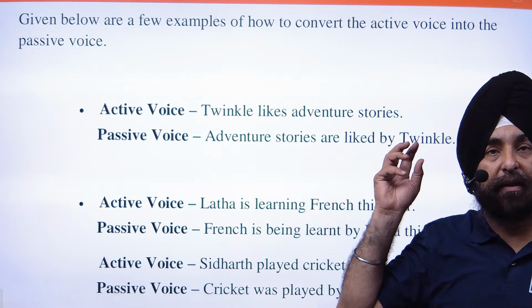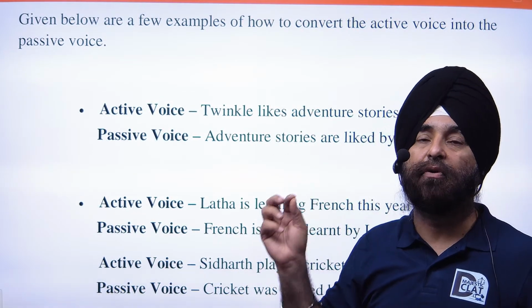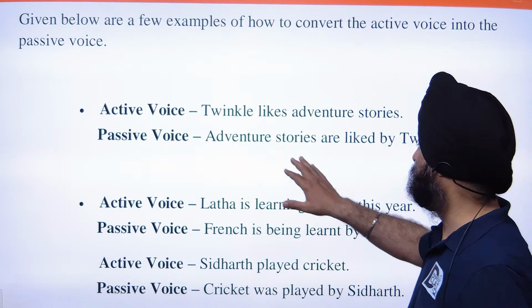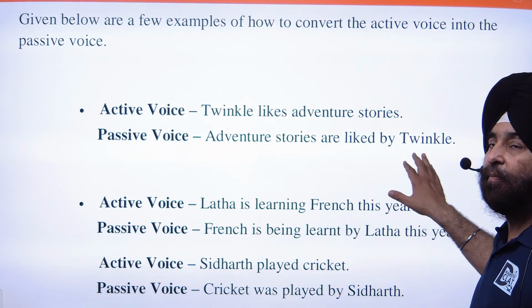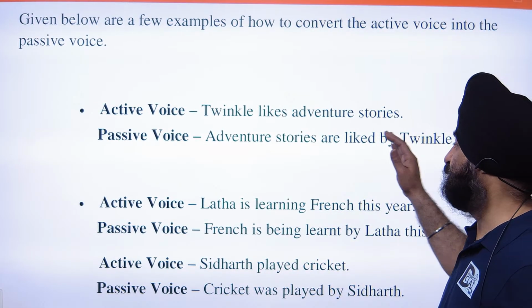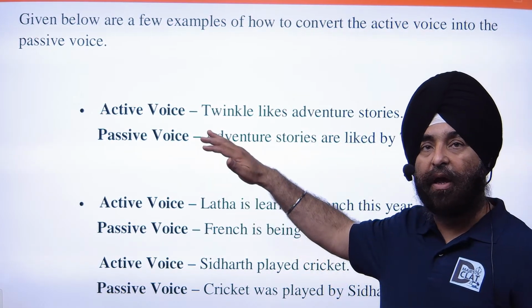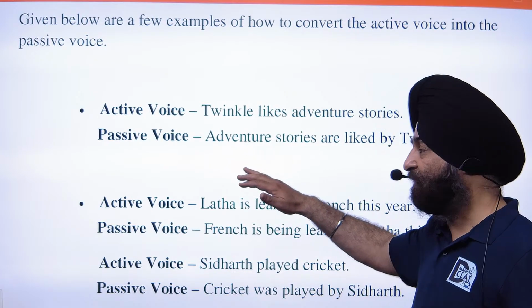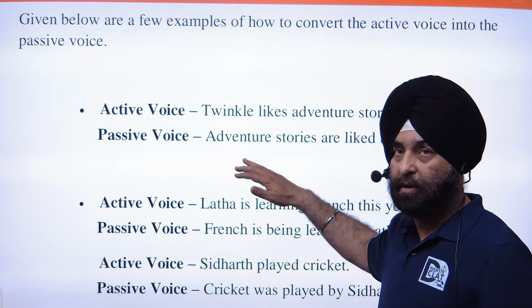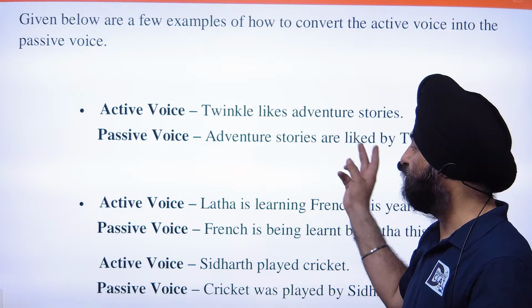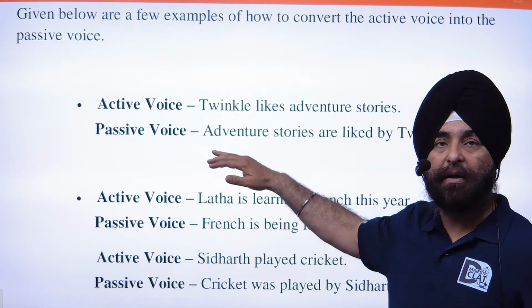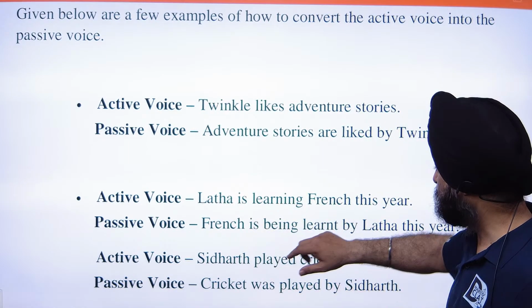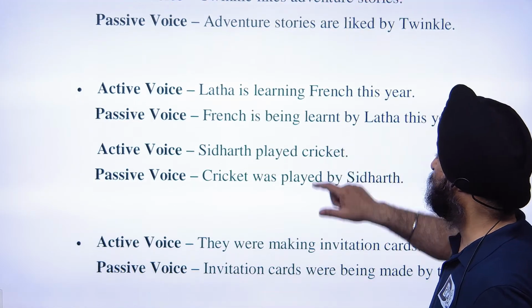So the idea is to draw the attention of the reader towards this as a subject, that adventure stories are liked by Twinkle. So the focus obviously shifts more towards the word that comes first, that is, the subject. So there is a flip of places and we find that adventure stories take the driving seat, you can say.